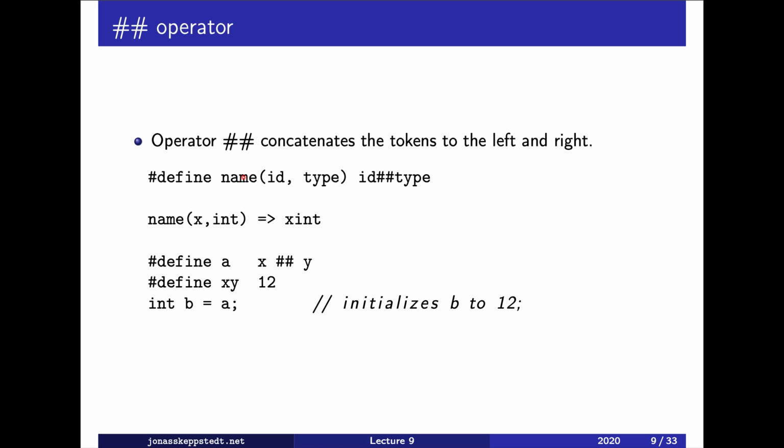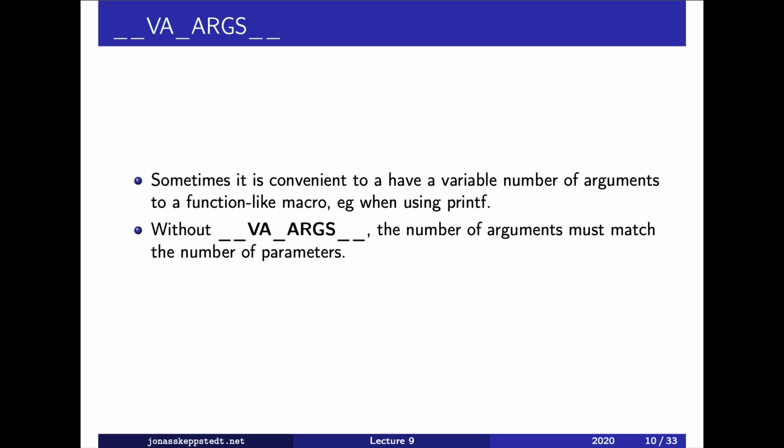This is not very frequently used, but sometimes it's used to create library functions. And we can just merge them as they are, and then b will be a, and a will be this, and that is 12, so b will be set to 12.